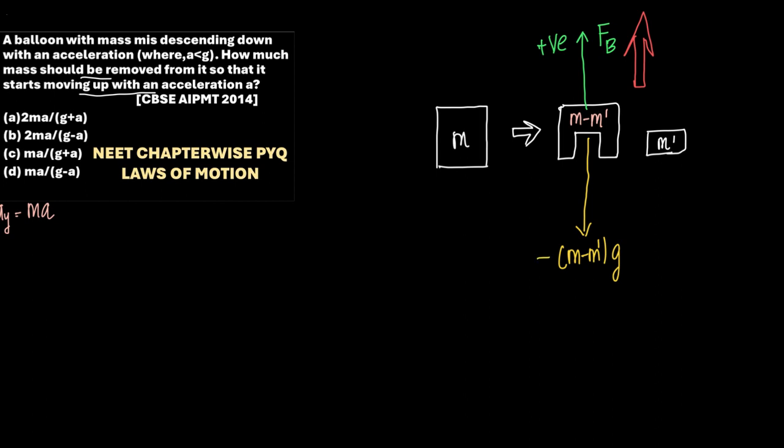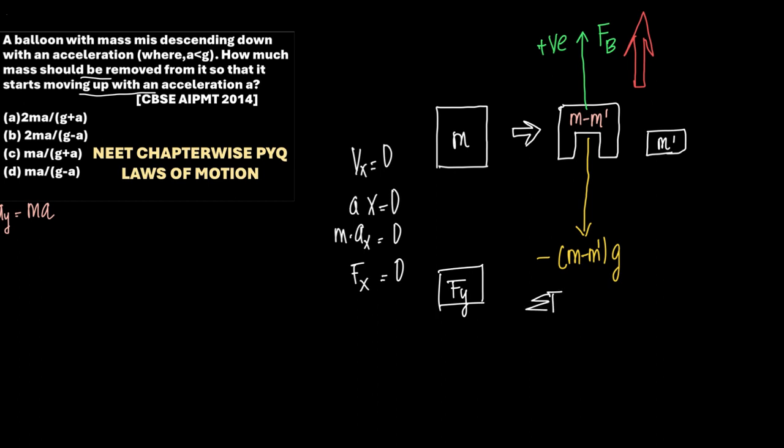Now again, there is no motion along the x direction. So vx is equal to 0, and therefore ax is equal to 0, and therefore m into ax is equal to 0, so Fx is equal to 0. So the only forces acting here would be along the y direction, and therefore we need to find out Fy, and we have the formula sigma Fy is equal to m into ay.